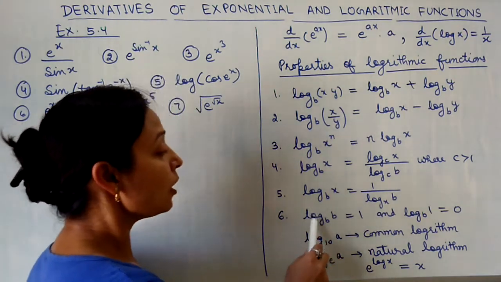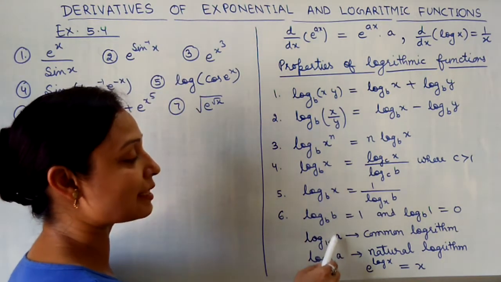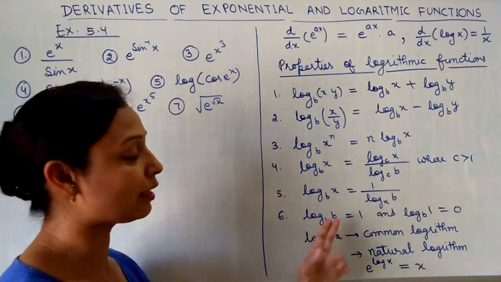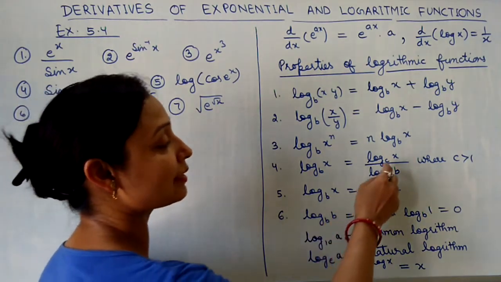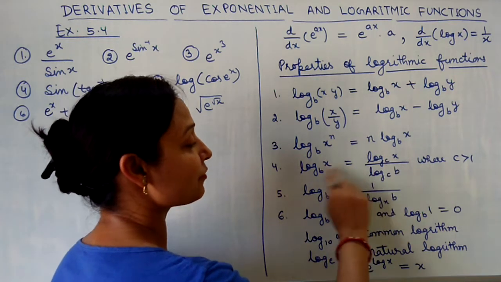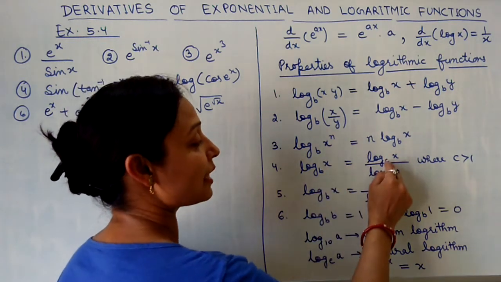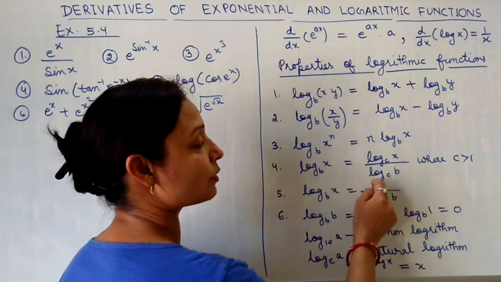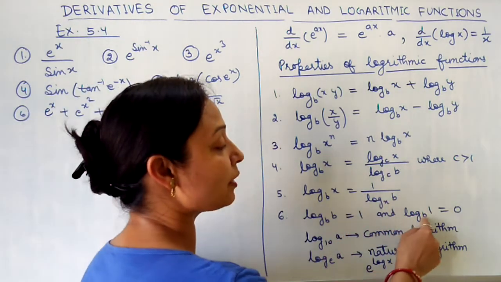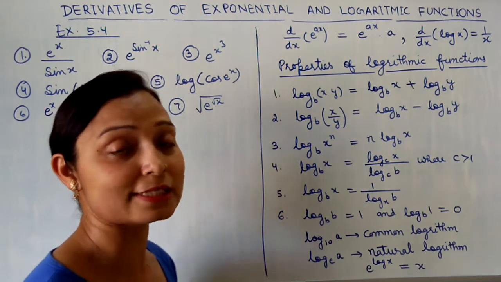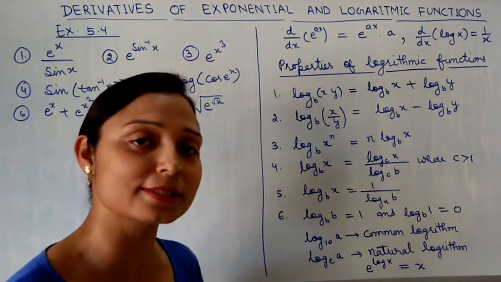Now log base b of b, when both values are the same, they cancel out and it equals 1. And log base b of 1 equals 0, meaning log 1 has value 0.